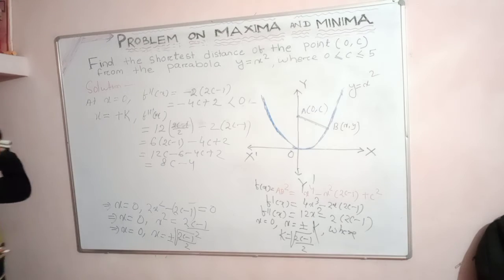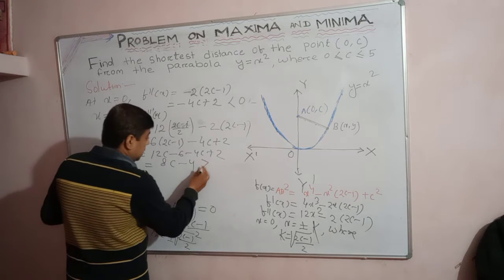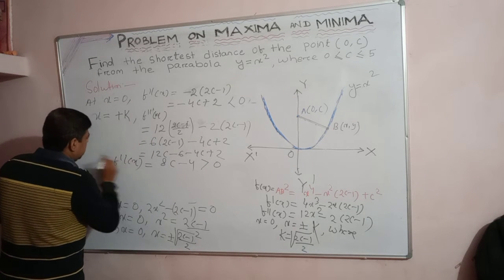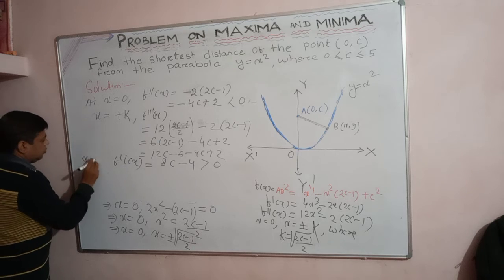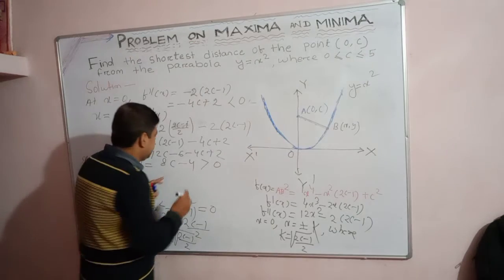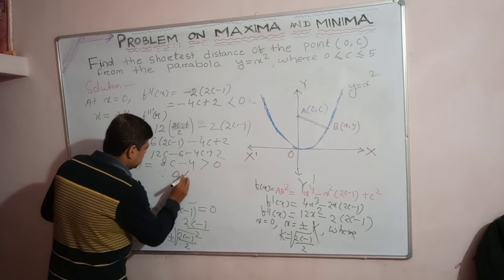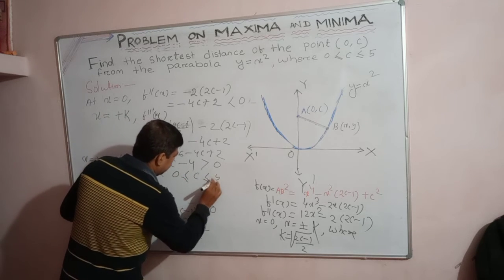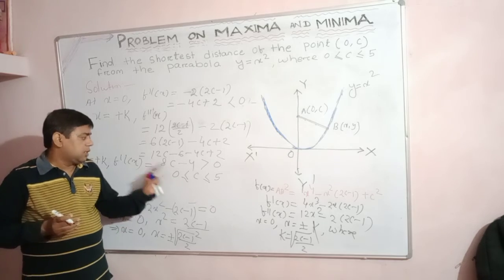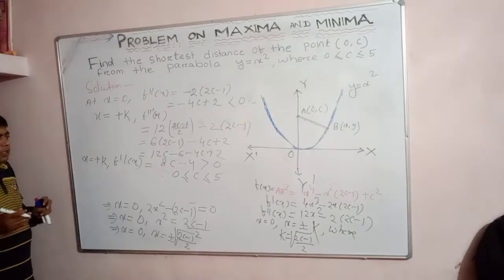And 8c minus 4, the value will be greater than 0. And here f double dash x is greater than 0. Why? At x is equal to plus k, f double dash x is greater than 0, because the values of c satisfy 0 is less than or equal to c is less than or equal to 5. If you put values of c between 0 and 5, this value will be positive.